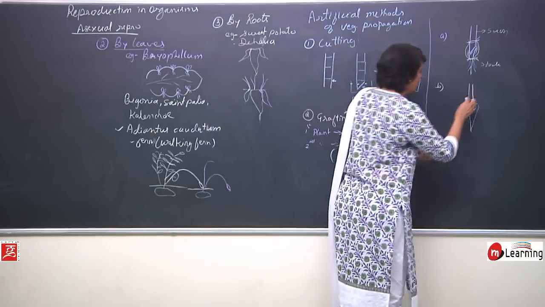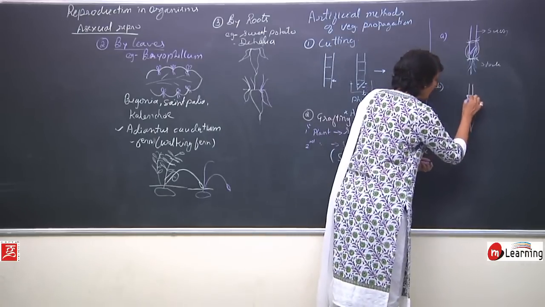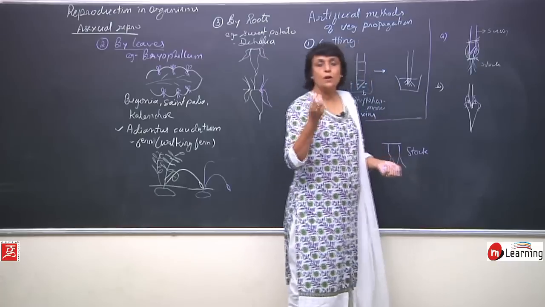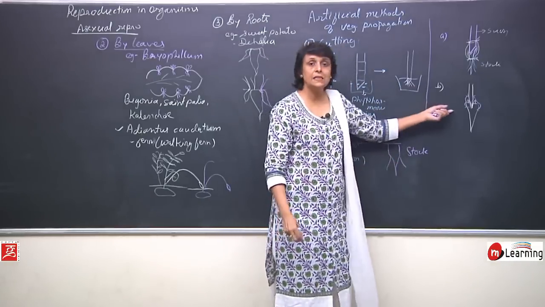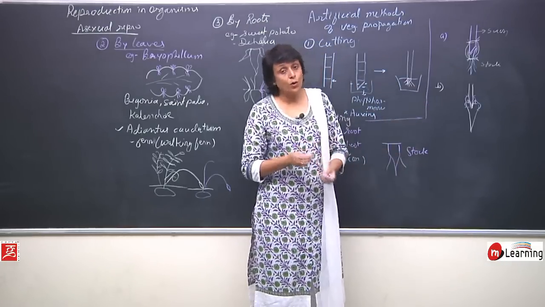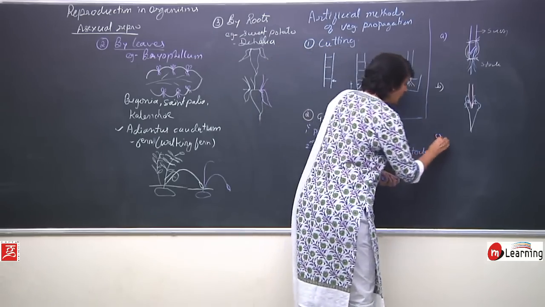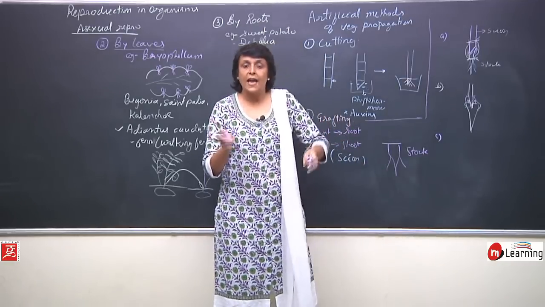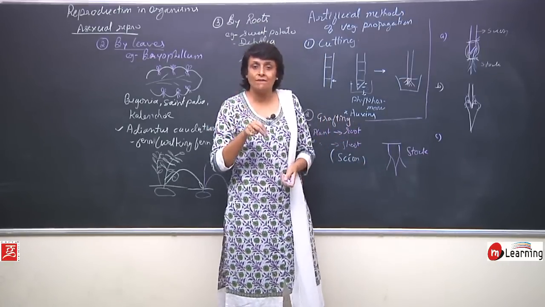Here again you are going to cover it with soil and tie it with a polythene bag so that the soil and moss do not fall off, plus the holding is also maintained. One more method is there in which the base of the stalk is very wide and you want to have multiple grafts.